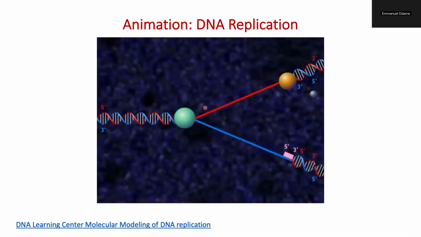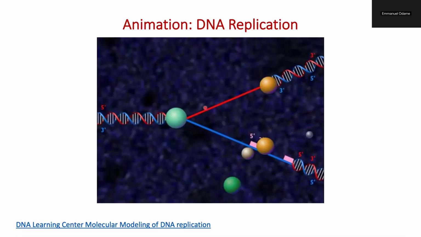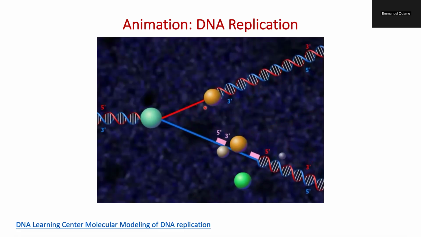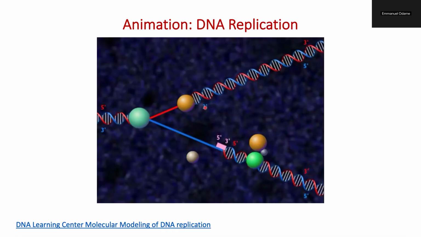Finally, the enzyme DNA ligase forms a phosphodiester bond between the 3' OH of the growing strand and the 5' phosphate in front of it. During DNA replication, the leading strand is synthesized continuously, while the lagging strand is synthesized discontinuously.